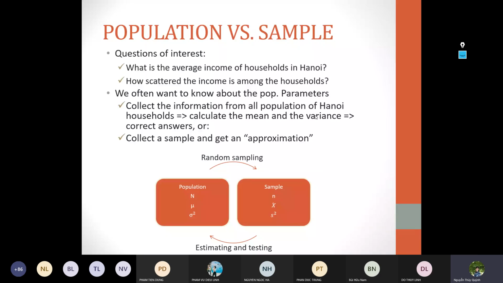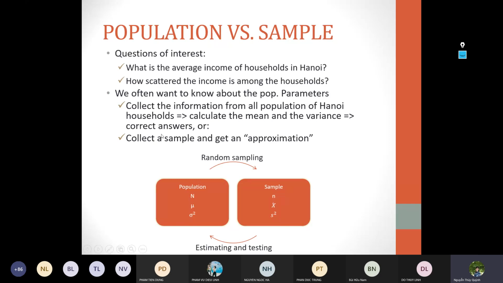For example, as we discussed last time, what is the average income of all households in Hanoi, and how scattered the incomes are among the households. We want to know the population mean and the population variance of the population that we are interested in.